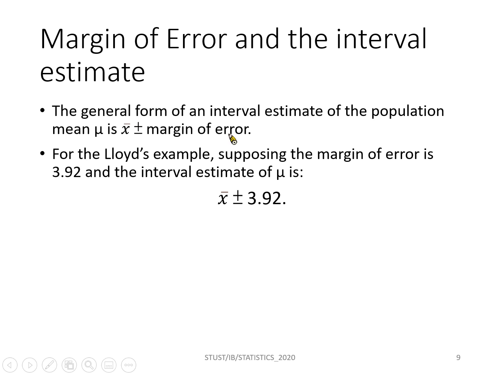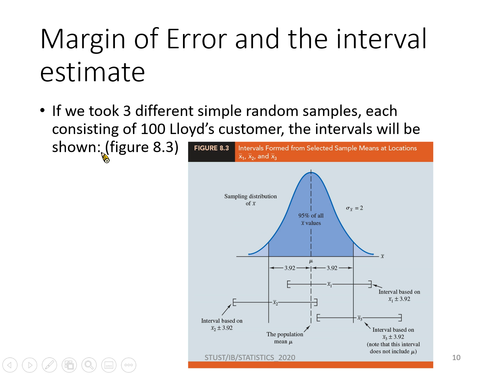The general form of an interval estimate of the population mean mu is x bar plus or minus the margin of error. So in our example, the interval estimate of mu is x bar plus or minus 3.92.